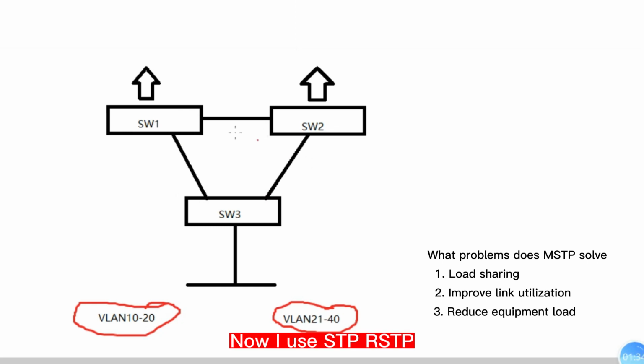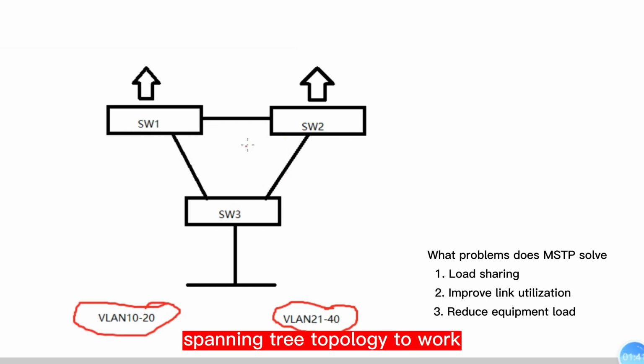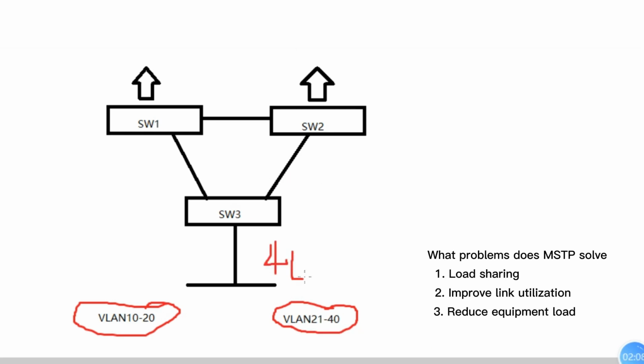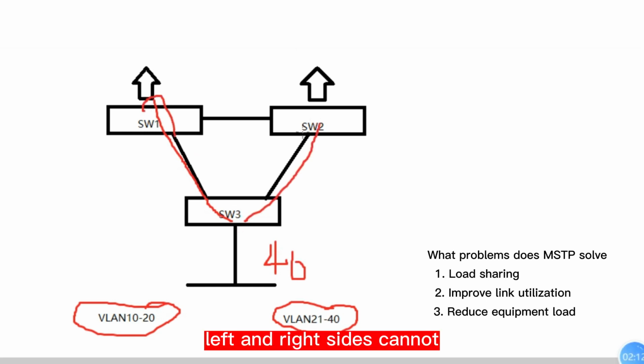Now I use STP or RSTP. This can only work based on one spanning tree topology. Why is it called a spanning tree topology? Because these 40 VLANs can only go left or right. Left and right sides cannot work at the same time, so load sharing is not possible.